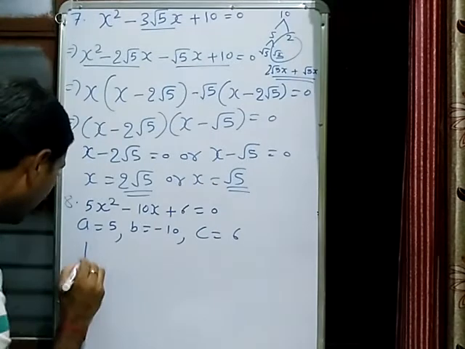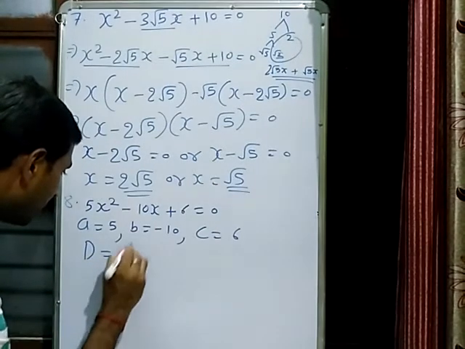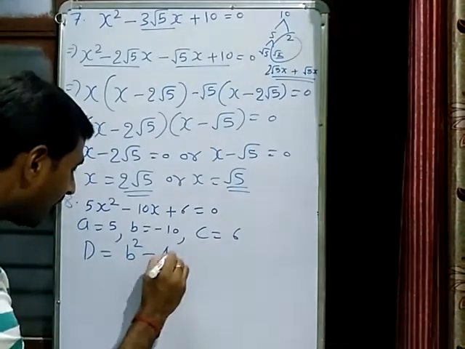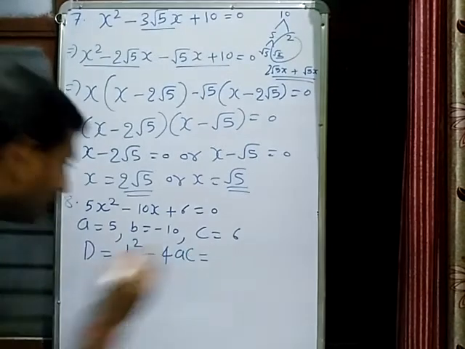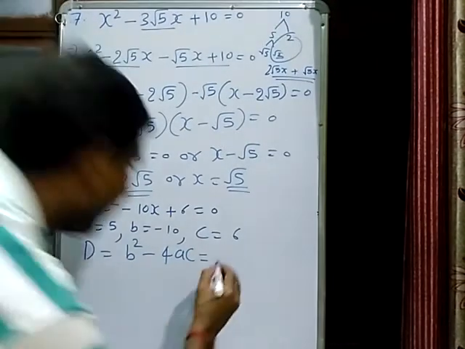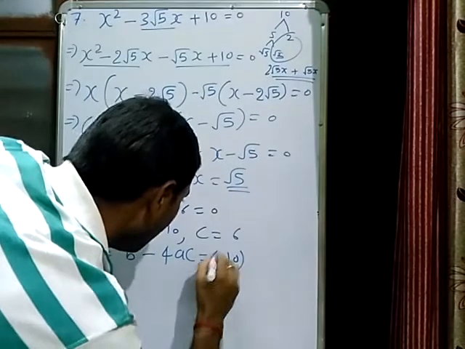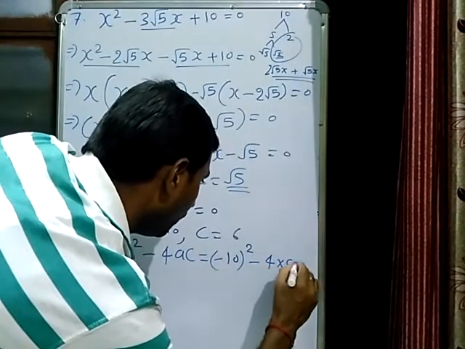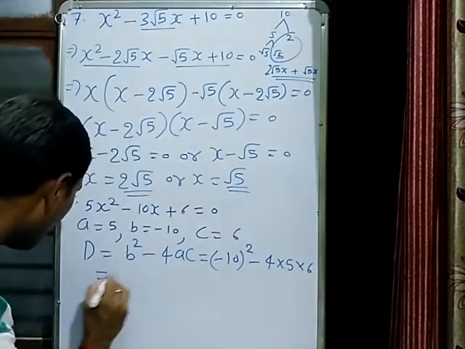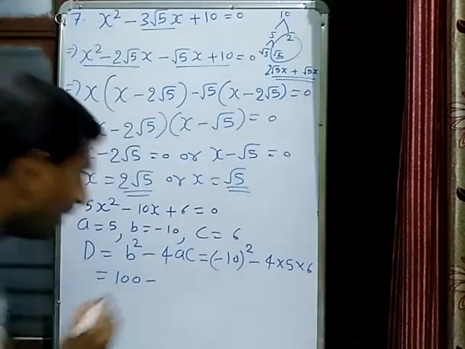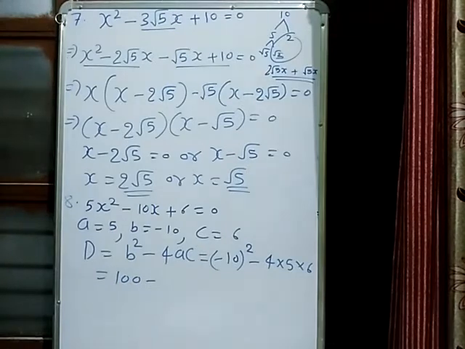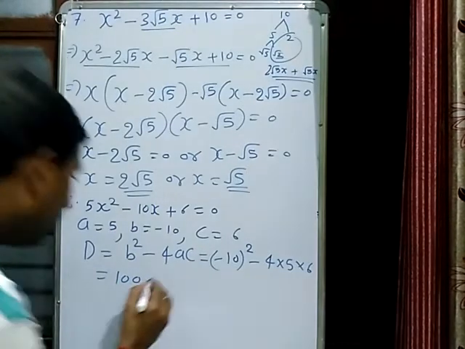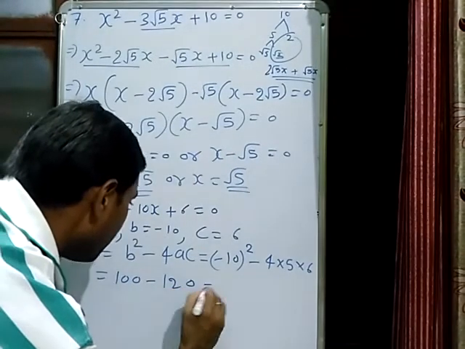To find out the nature, we need to find D. What is D? Discriminant. Discriminant is equal to b square minus 4ac. What is b? b is given as minus 10. Now minus 10 whole square minus 4 into a into c. So 10 square is 100 minus 4 into 5 is 20, into 6 is 120, so it becomes minus 20.